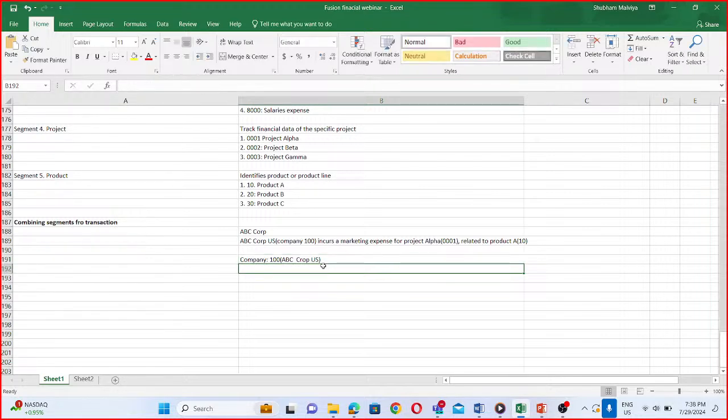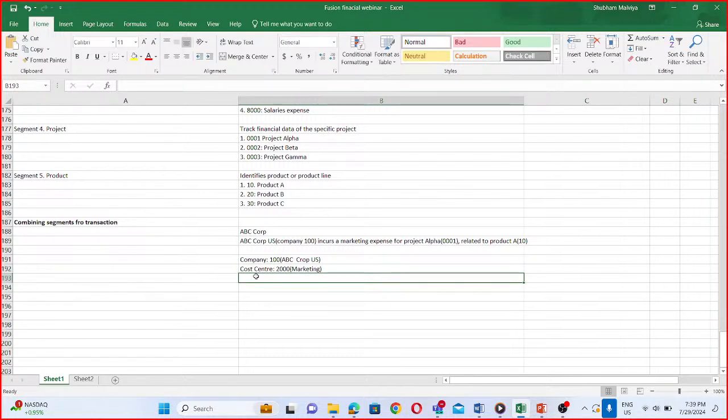Then cost center is 2000, that is marketing.